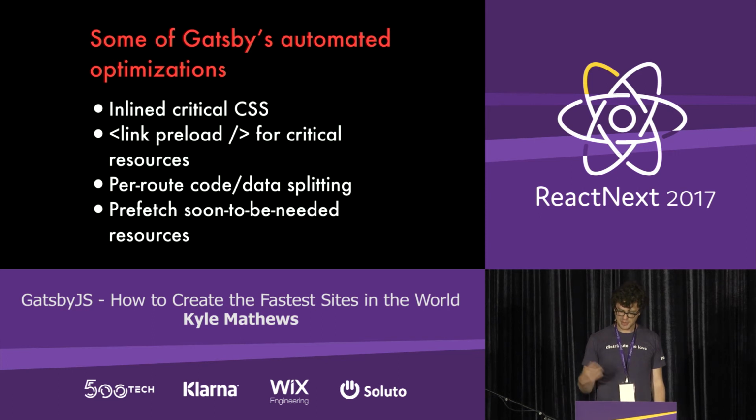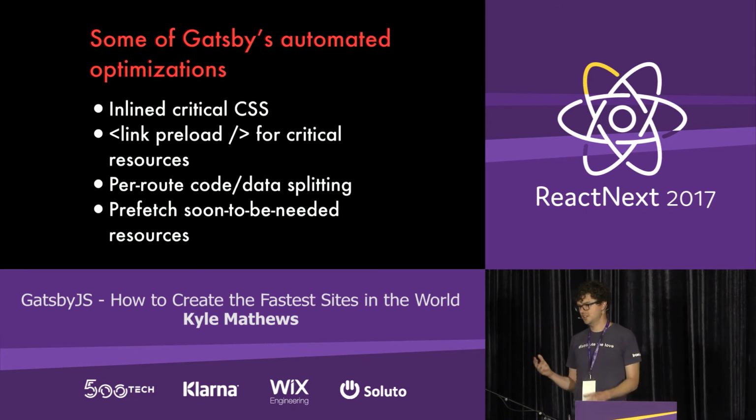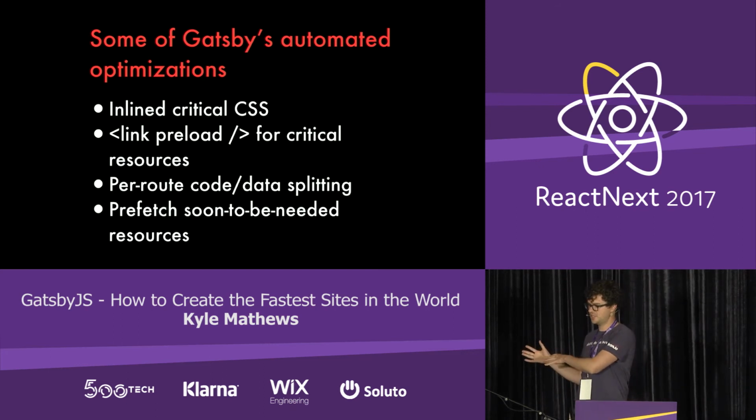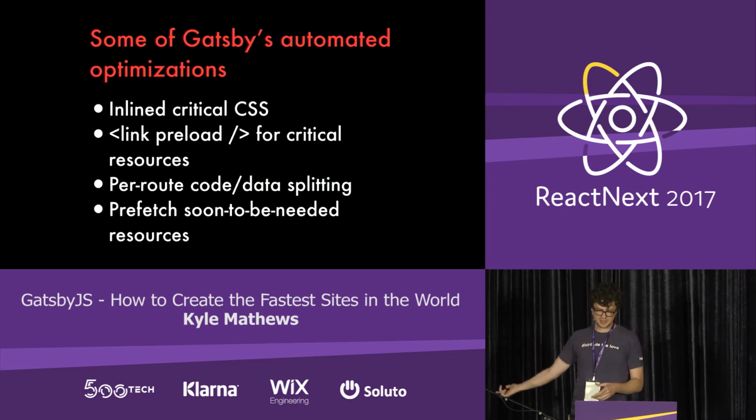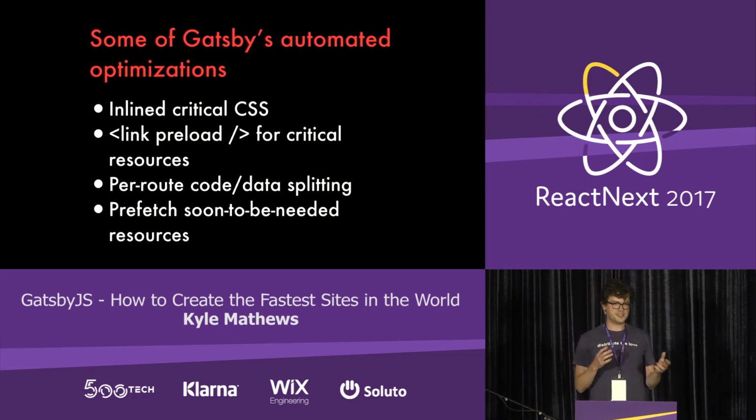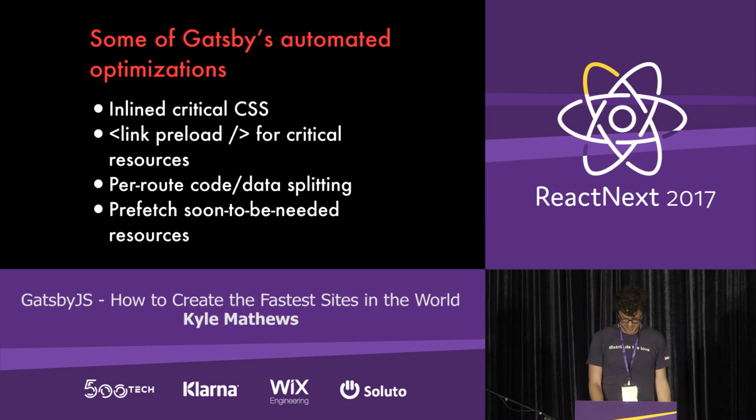It also automatically does per-route code and data splitting. And interestingly, once you load a page, it's not just the initial page load that you care about, but also clicking onto the next one. Gatsby figures out automatically what resources are needed for pages you might be clicking on, and starts fetching those in the background once you've loaded a page, so that as soon as you click on the next one, odds are the resources are already there, and it's near instantaneous to jump to the next page.